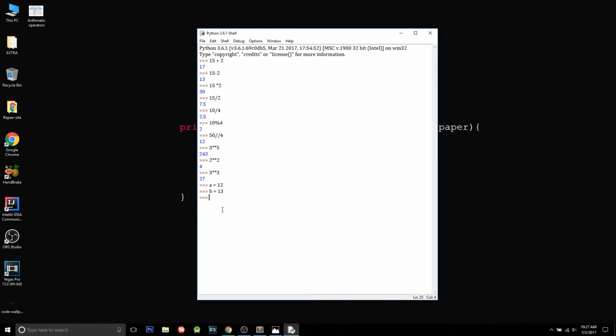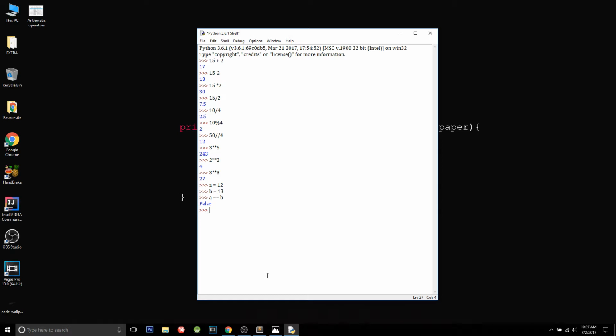We have already discussed that this equal sign is only to assign, not to say that this is equal. So in order to check whether a is equal to b, we are going to type double equals. Double equals means if the values of two operands are equal, then the condition becomes true. But in this case, 12 is not equal to 13, so it's going to return false.